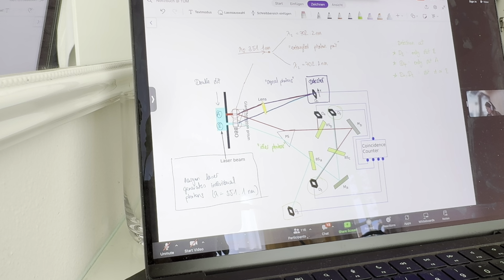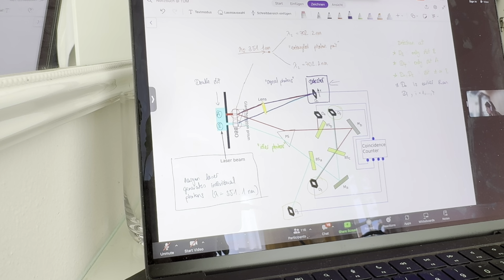Okay? And as I said in the very beginning, D0, so that would be this thing here, D0 only detects the signal photons, and it actually detects earlier than the other detectors.